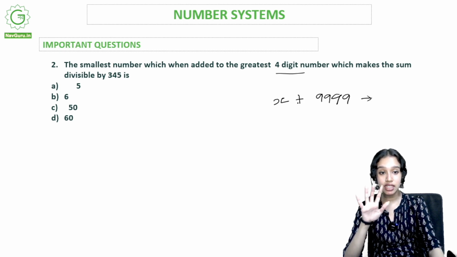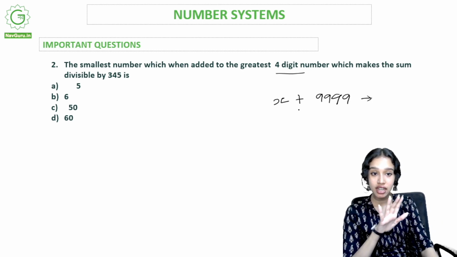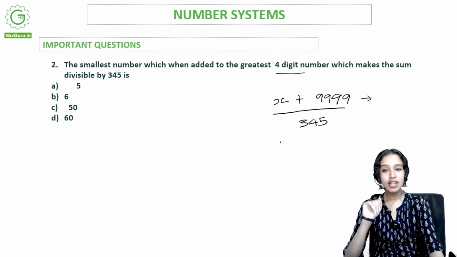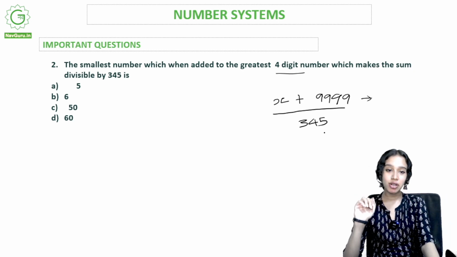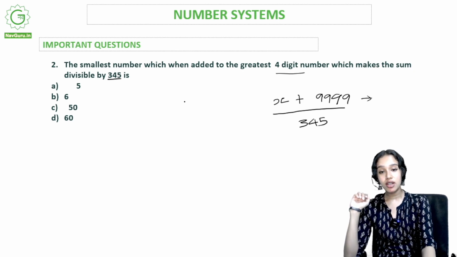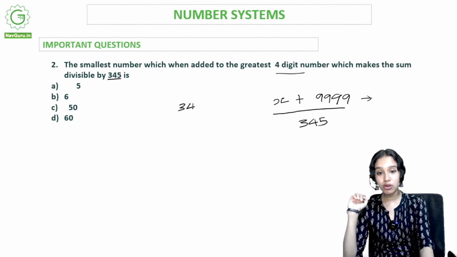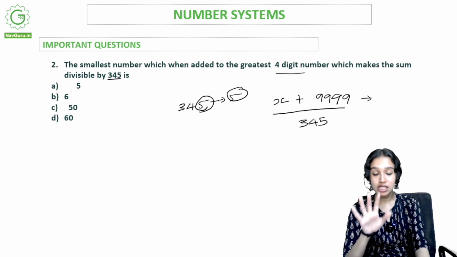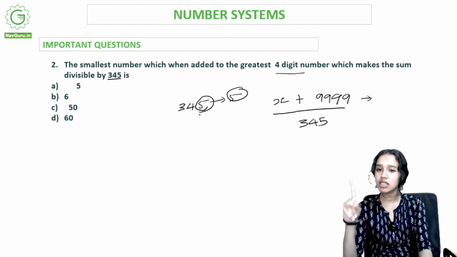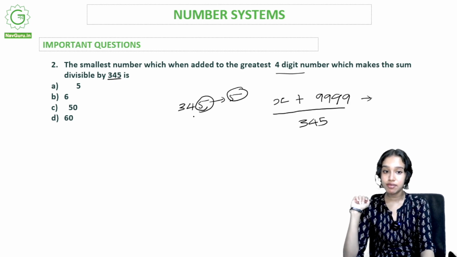So we are saying that x plus 9999 could be completely divided by 345. What is very interesting about the number 345? Because 345 is divisible by 5.